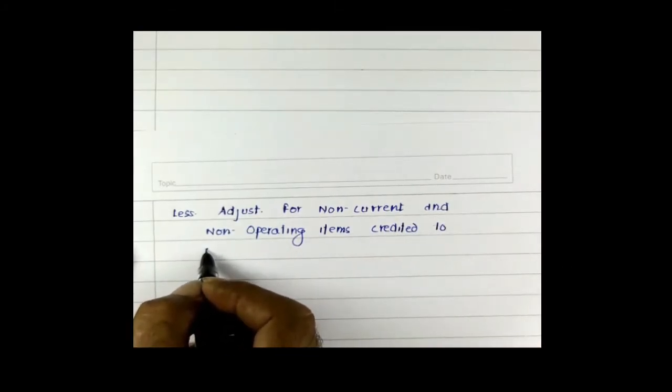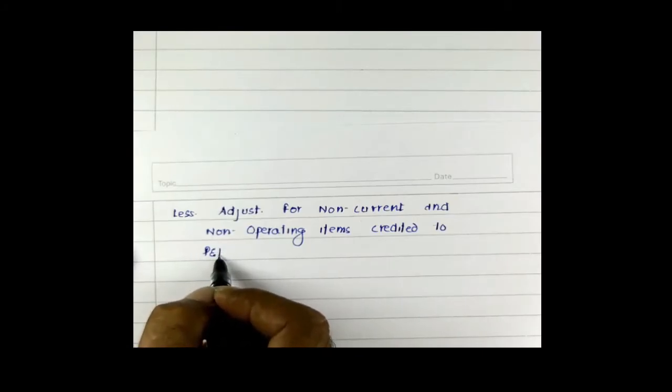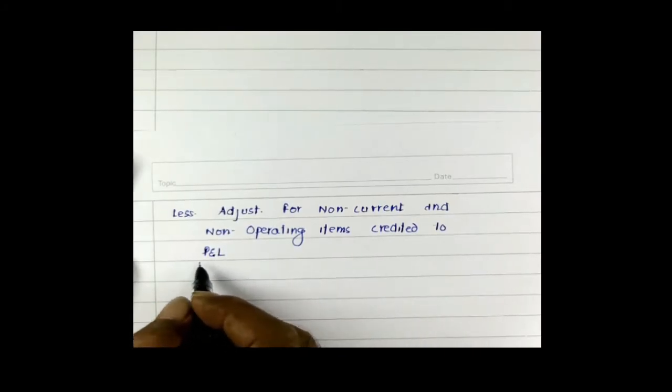These items have already been credited to P&L. Now we are going to subtract, correct?